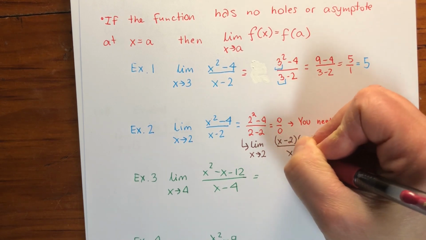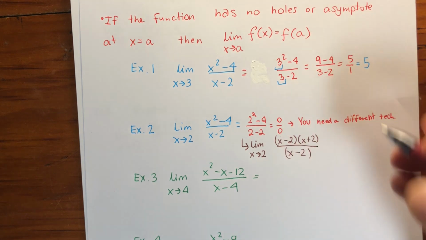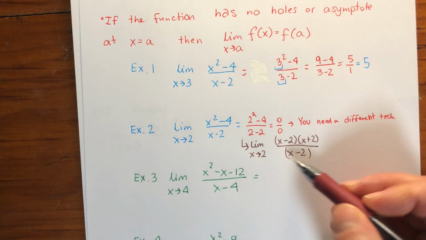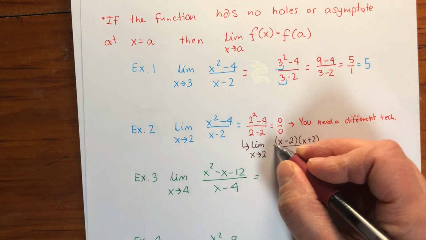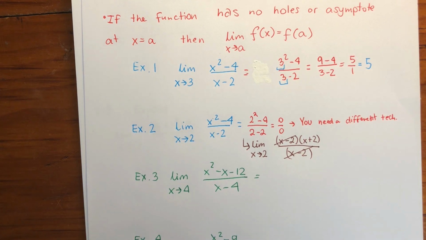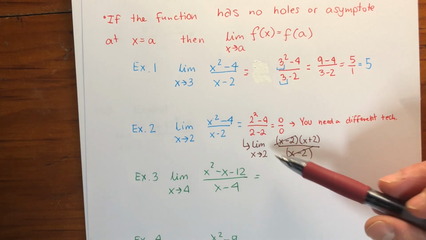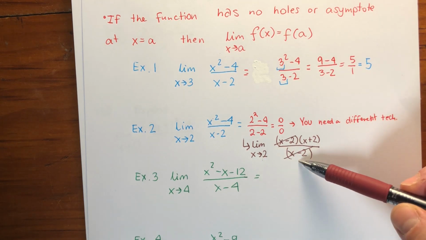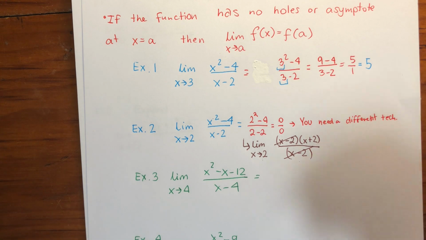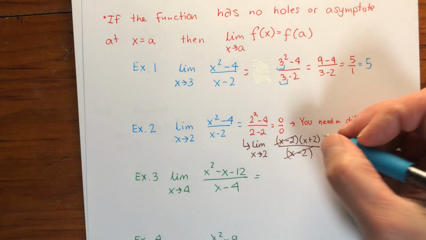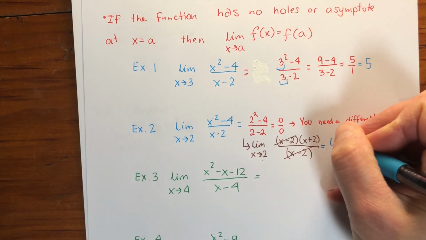Notice I am dividing it by x minus 2. Since I wrote this as factors, as multiplication, I can cancel x minus 2. And this is taking care of this problematic term that, once I did plug in the 2, was giving me 0.